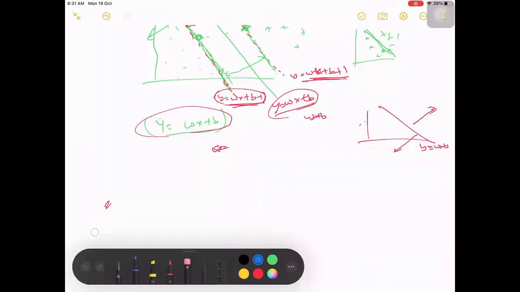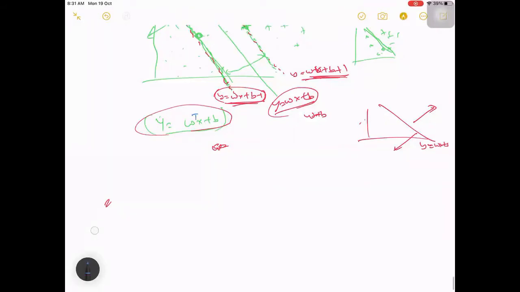Let me write that. So weight x plus b. Instead of writing w, if you remember, in all our regression we represent it as y equal to theta transpose x. It is similar to that. Here w is actually a kind of theta, which can be a series, so let's represent it in a matrix.